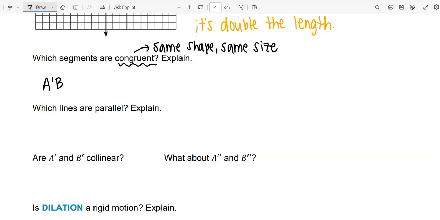So A prime, B prime, the line segment. And then let's put the congruent mark, squiggle with an equal sign. And then A double prime, B double prime, the segment. Why? How do you know? Yes, that doesn't show congruence. They're both what?